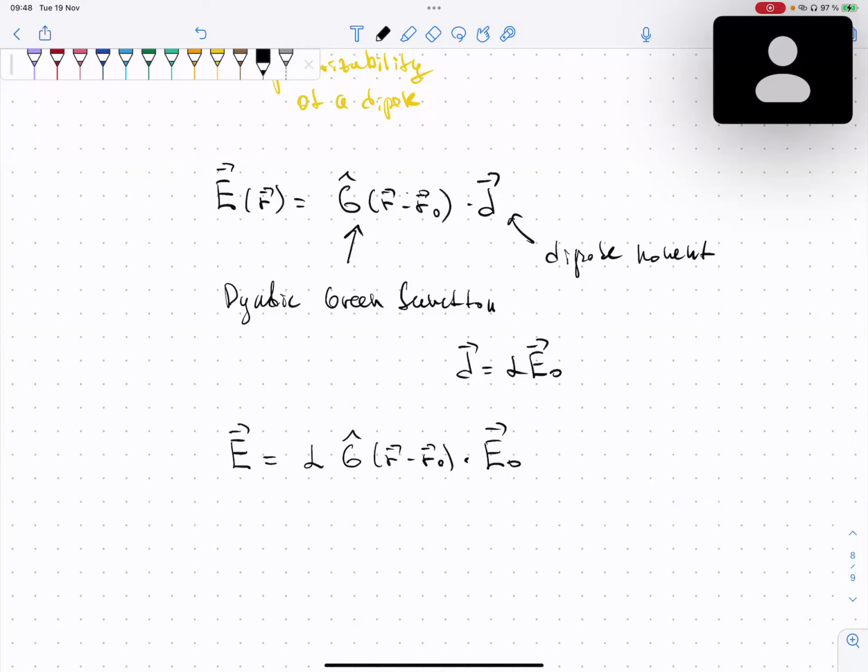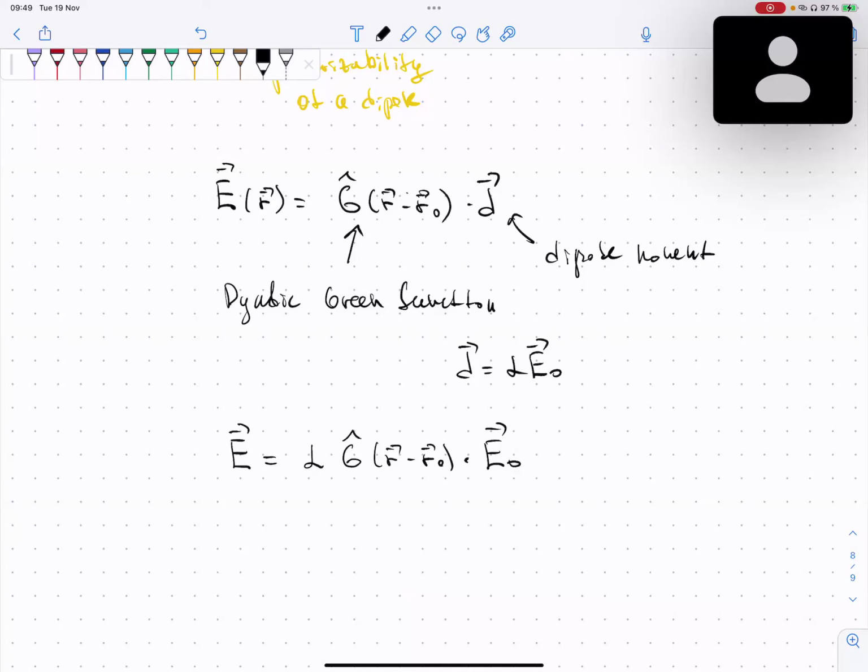Well, we know that these vector spherical harmonics form a complete orthogonal basis. So we can express basically any vectorial function using vector harmonics, like cylindrical vector harmonics or spherical vector harmonics, any that we want.